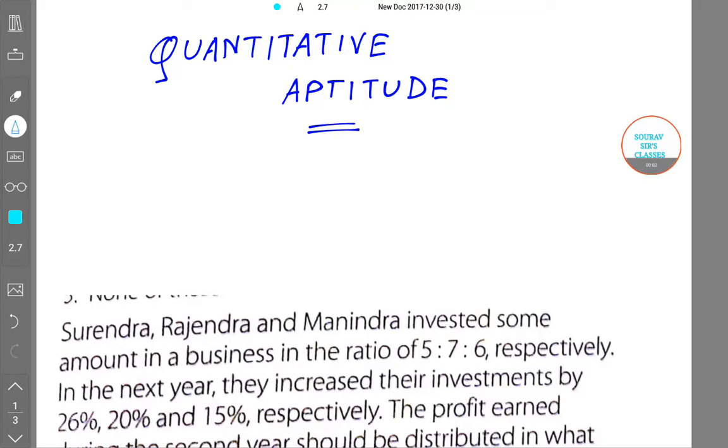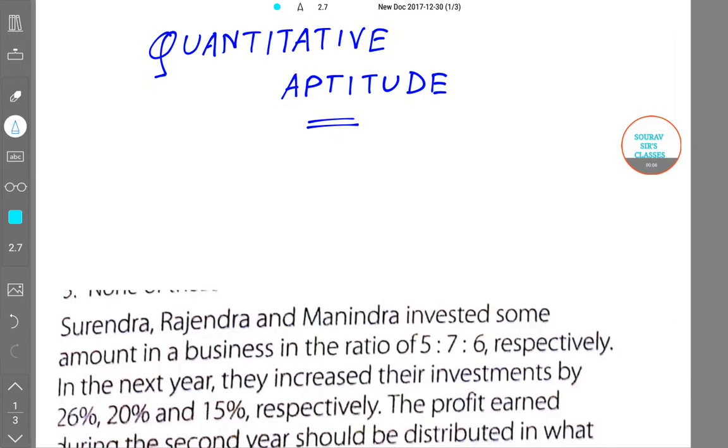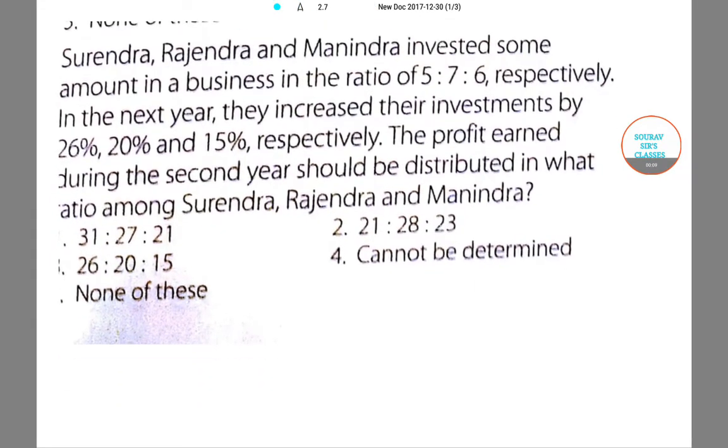Today our topic is quantitative aptitude, and here is our first question. The question is, Surendra, Rajendra and Manindra invested some amount in a business in the ratio of 5:7:6 respectively.